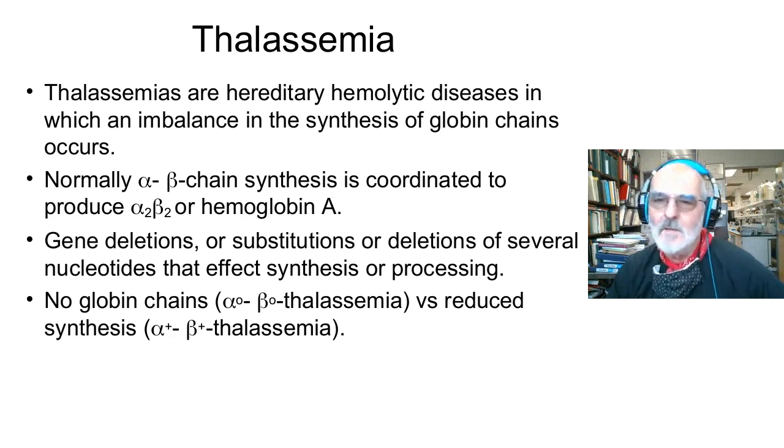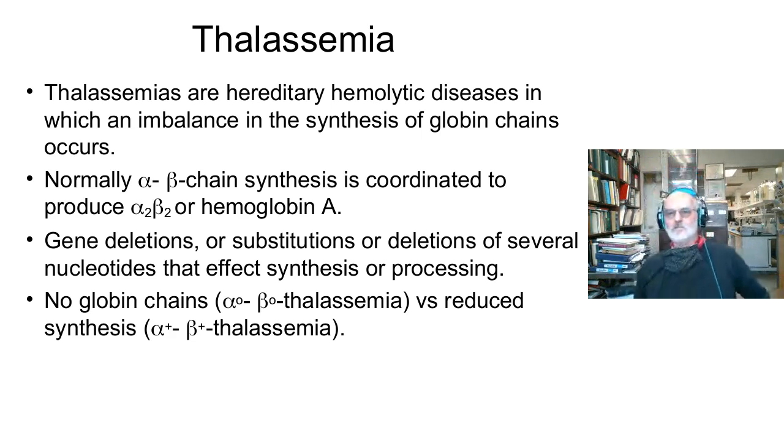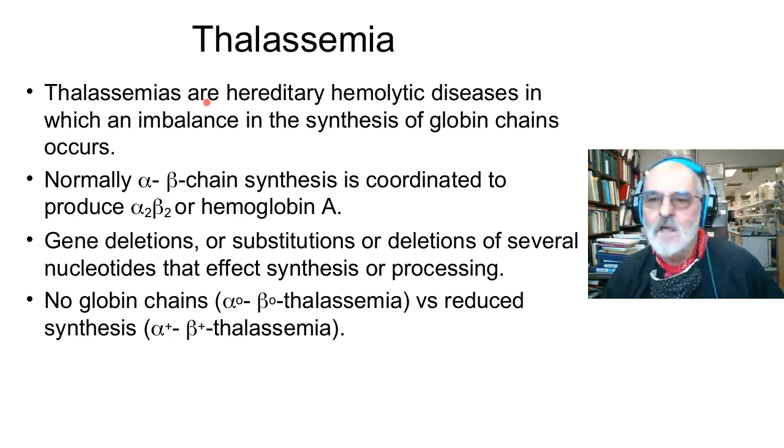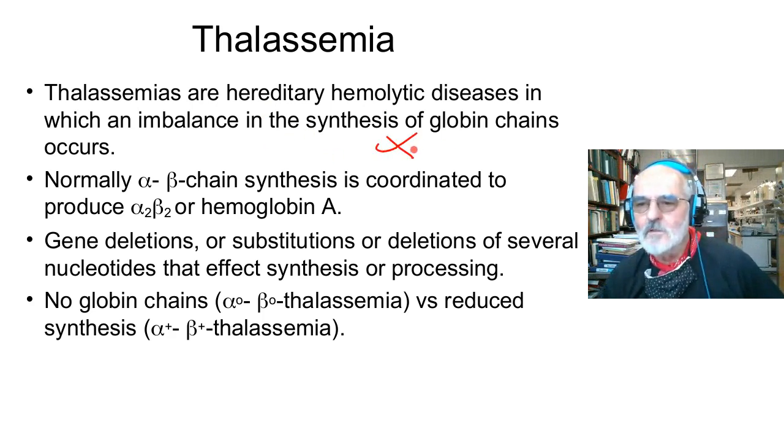But primarily what we observe in the African American population, especially in a place like Jackson, Mississippi, as I mentioned up above, are thalassemias. They're hereditary hemolytic diseases in which there's an imbalance in the synthesis of globin chains. So again, normal hemoglobin is alpha 2, beta 2.